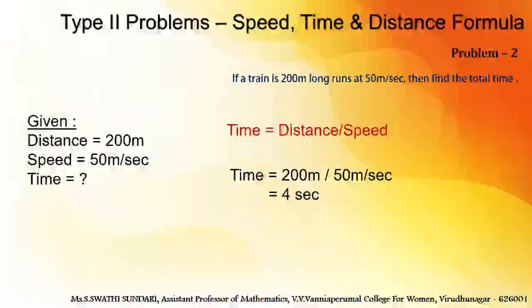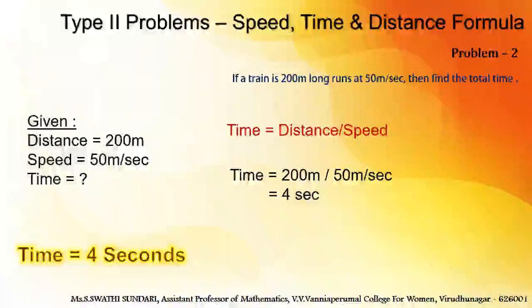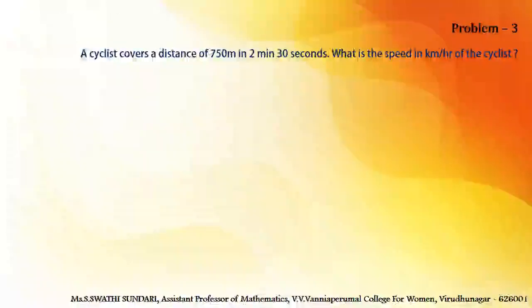So guys, in the previous problems, we saw the type 1 and type 2 problems separately. And here we're going to see a problem which involves both type 1 and type 2 varieties. The problem is that a cyclist covers a distance of 750 meter in 2 minutes 30 seconds. Then what is the speed of the cyclist in kilometer per hour?